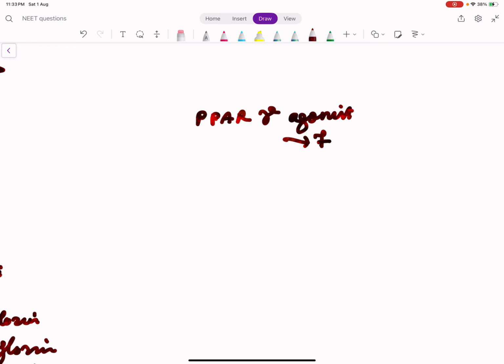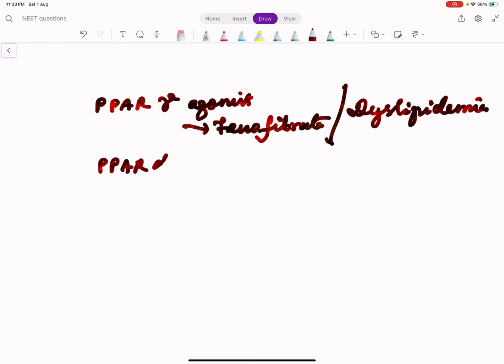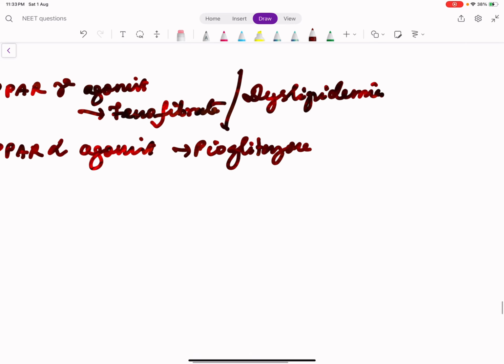They are the fibrates, like fenofibrate, which are used in dyslipidemia. The PPAR gamma agonist is pioglitazone, which is used in diabetes.